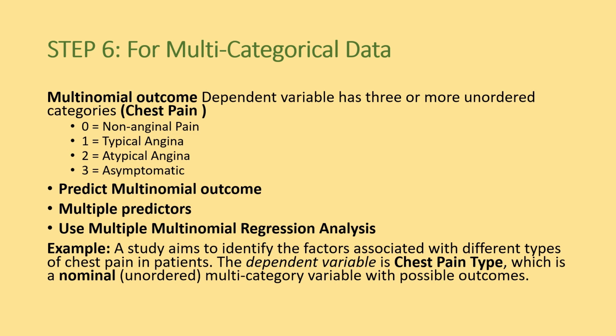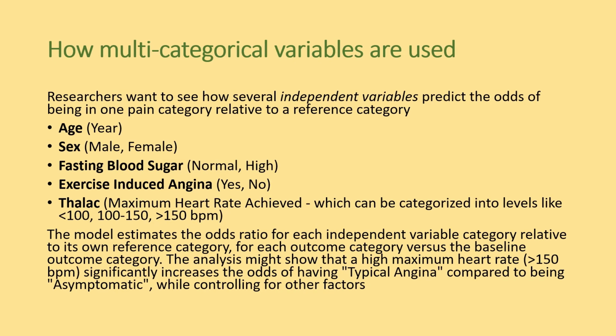For example, a study aims to identify the factors associated with different types of chest pain in patients. The dependent variable is chest pain type, which is a nominal, unordered multi-category variable with possible outcomes.